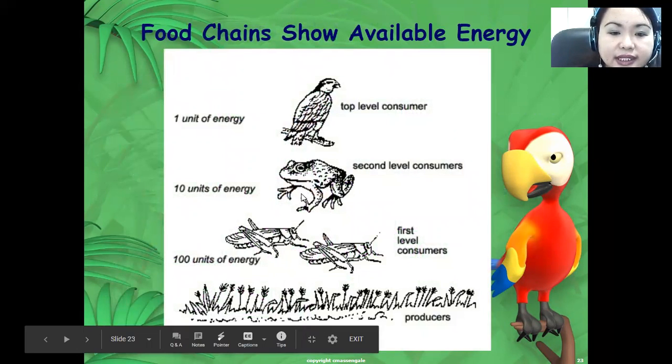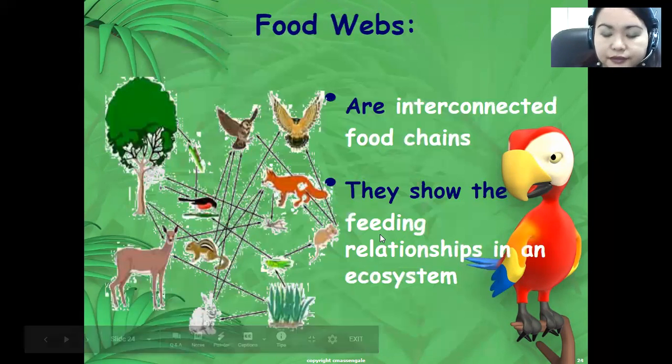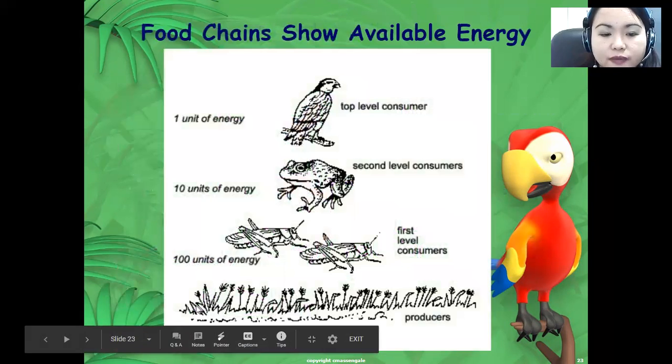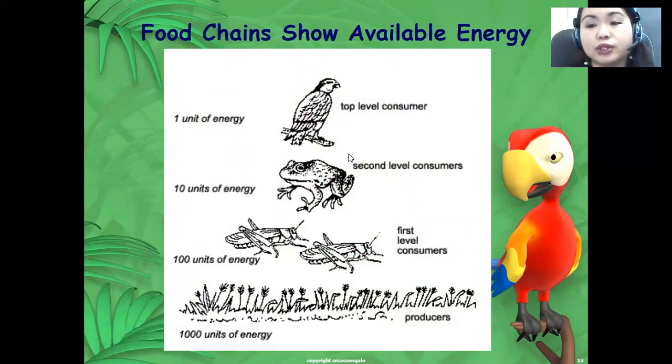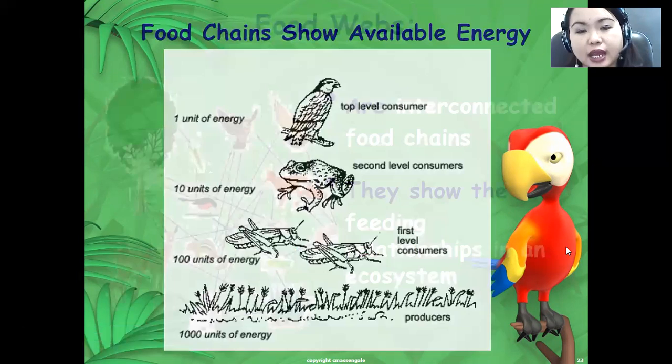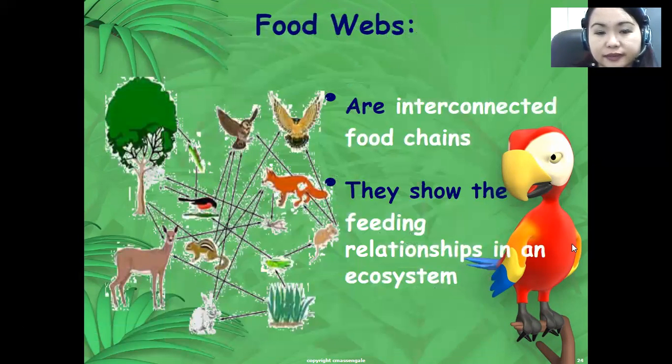So you can see here, from 1,000 units in the producer's level, it goes down to 100 units, 10 units, and at the top is only 1 unit. That's how energy is transferred.